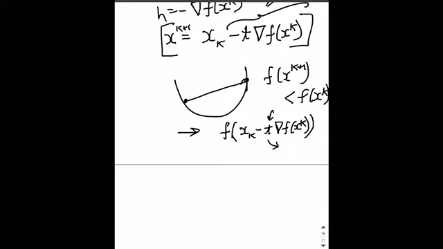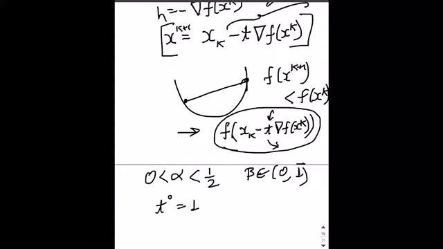Backtracking is an iterative method. In backtracking we choose two parameters. One is alpha, which is between 0 and a half, and beta, which belongs to the open interval (0, 1). Initially we choose t, let's call it t0, equal to 1, and we compute the value of this term.